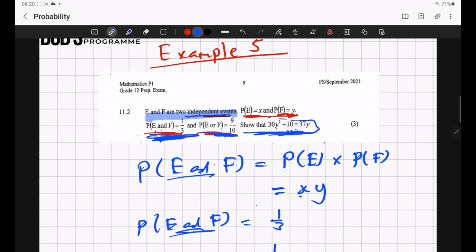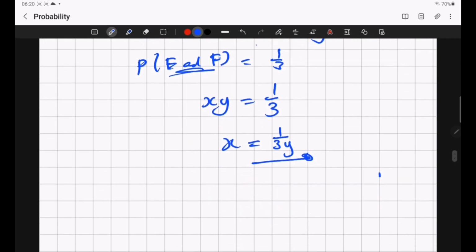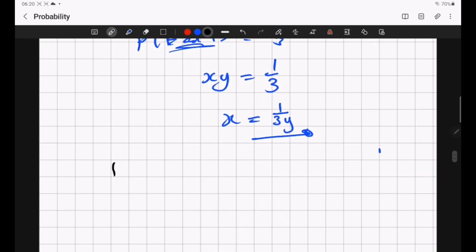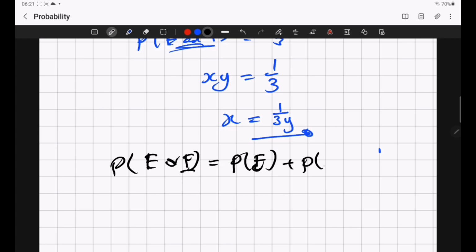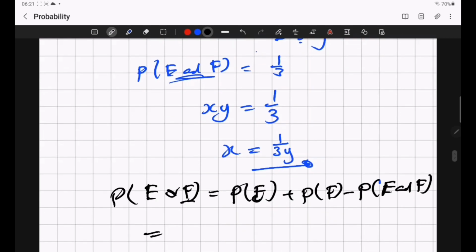Like I said, if they give you the probability of E or F, that hints you to use the addition rule formula, which says the probability of E or F is the probability of E plus the probability of F minus the probability of E and F. The probability of E or F was given as 9 over 10.